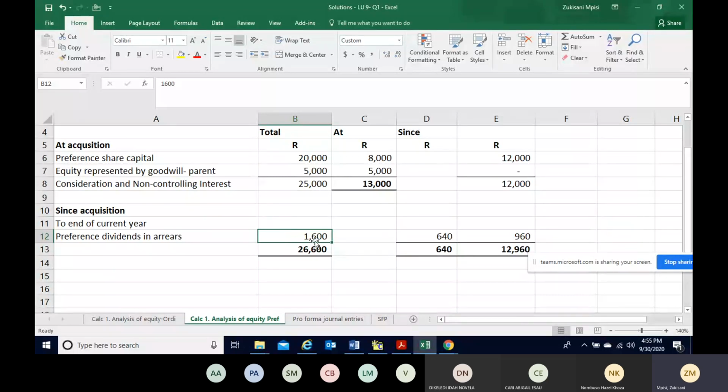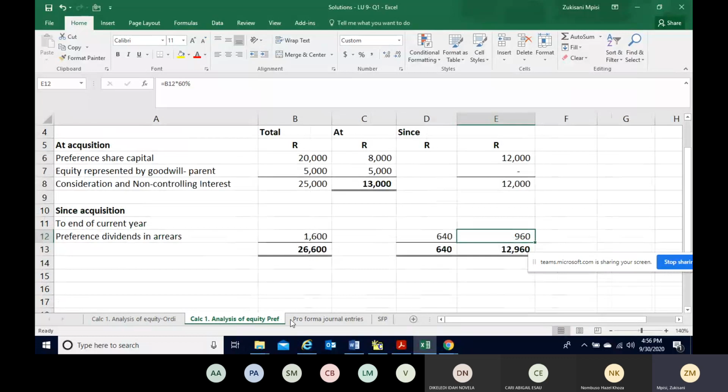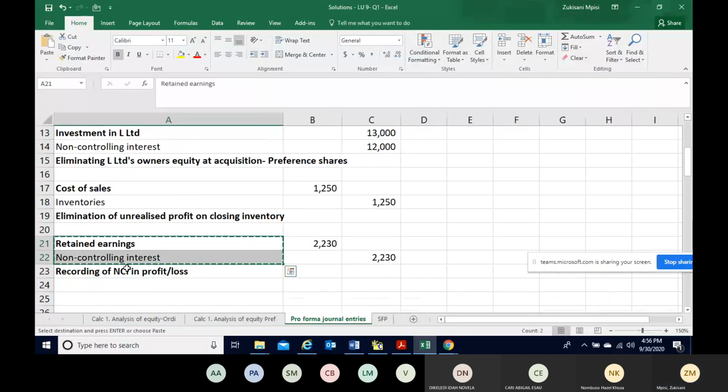It's not yet declared. Remember, we only have a legal claim when it's declared. So the only adjustment that we can do is for the non-controlling interest, because remember, we took a profit and reduced the profit here on ordinary equity. So now we have to adjust again for that profit. So we'll have retained earnings and non-controlling interest.